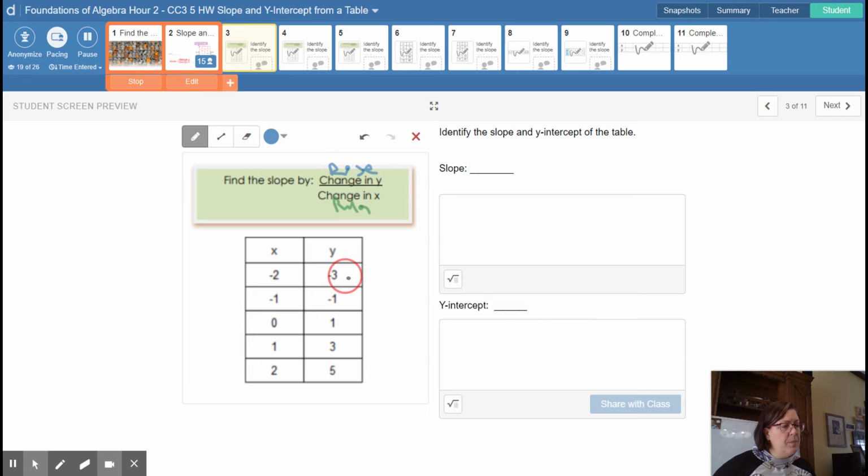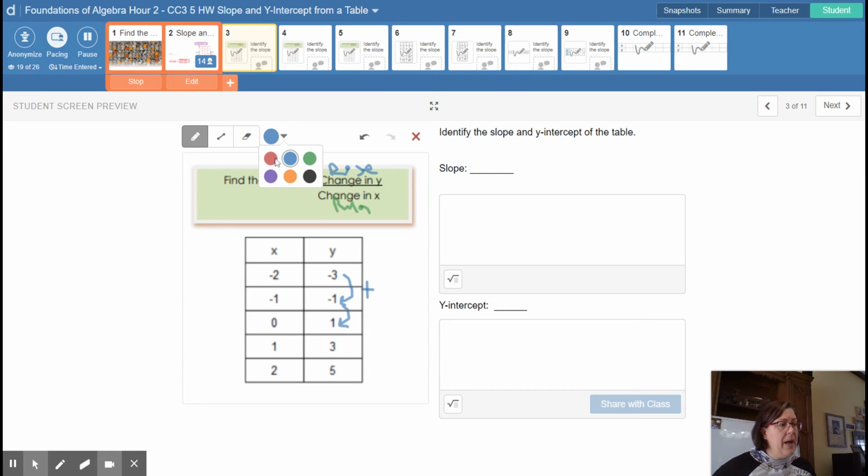Now, notice it goes from -3 to -1, and then -1 to +1. If you think, oh, those negative numbers, I'm just not quite sure how that changes, but I do know it's going up by something. This is where you could use your calculator to do the opposite and work backwards.